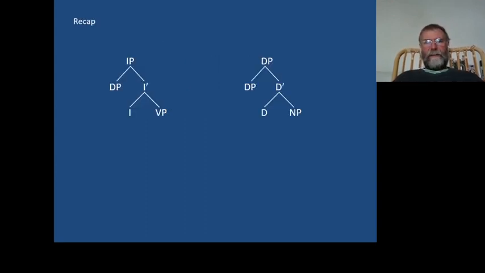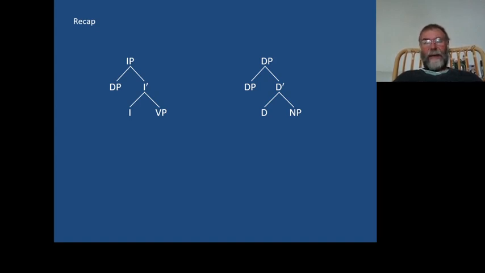Before we get there, let's have a recap of what we've said so far about general X-bar theory and the kinds of phrases that we've seen. X-bar theory says that there are two levels above the head of any phrase. The head is at the bottom, known as the zero level of projection.